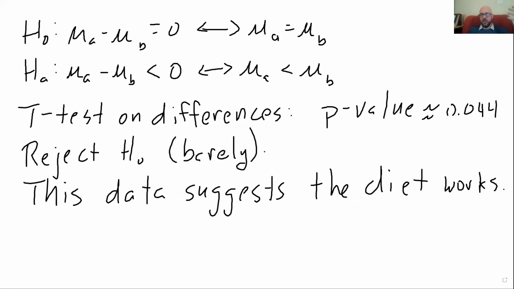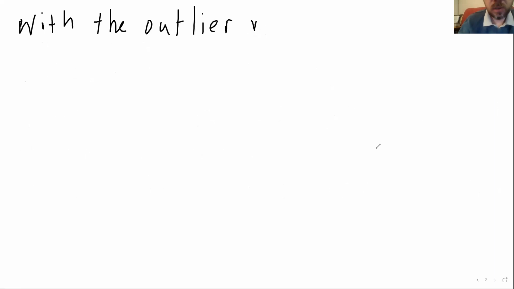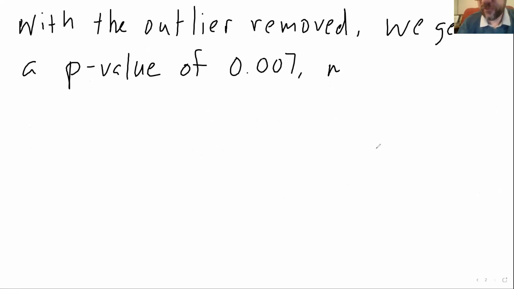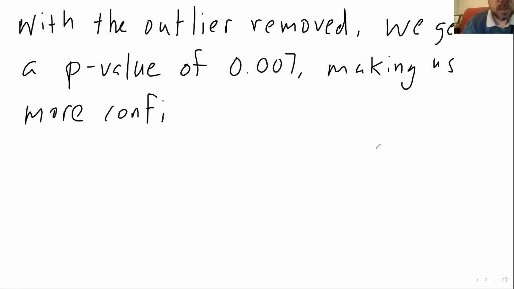So with the outlier removed, we get a p-value of 0.007, making us more confident of the diet's effectiveness.